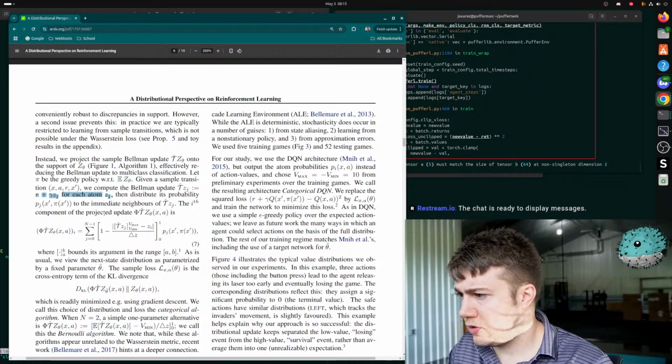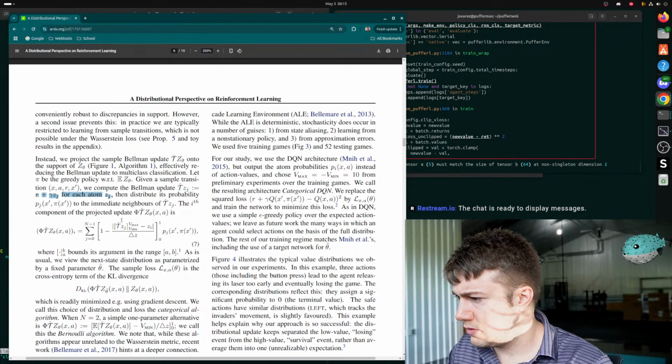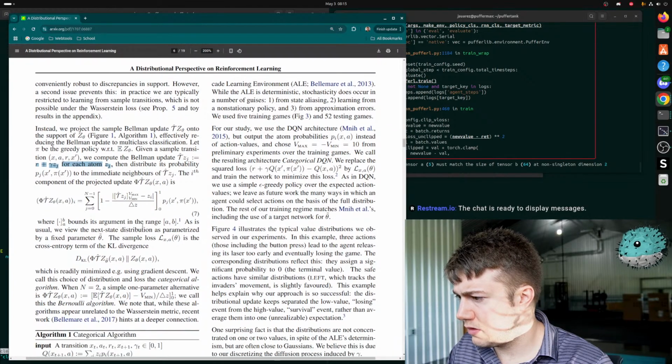The ith component of the projected update is... The heck is this?